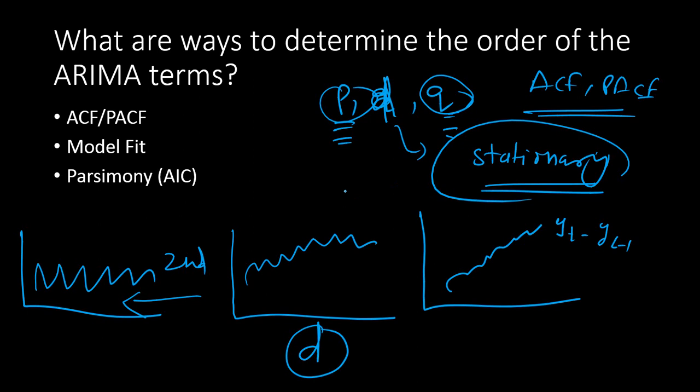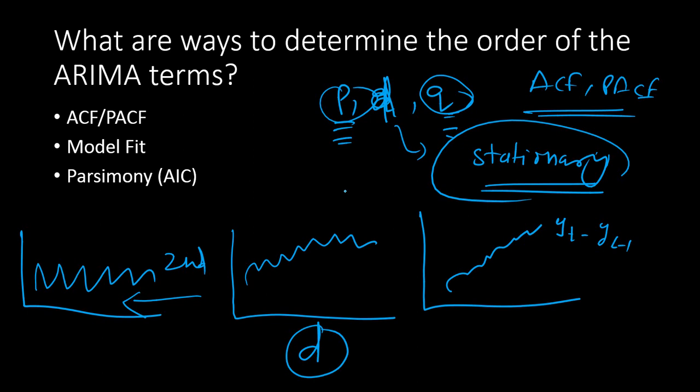However, these steps will not ensure that you have found the correct order of ARIMA. Why so? Because you are taking a decision on the correct value of p, q and d on a standalone basis.